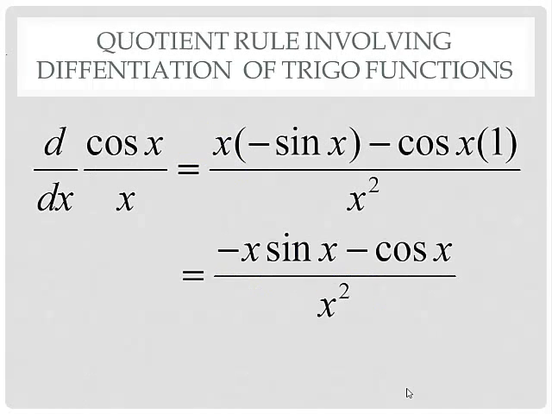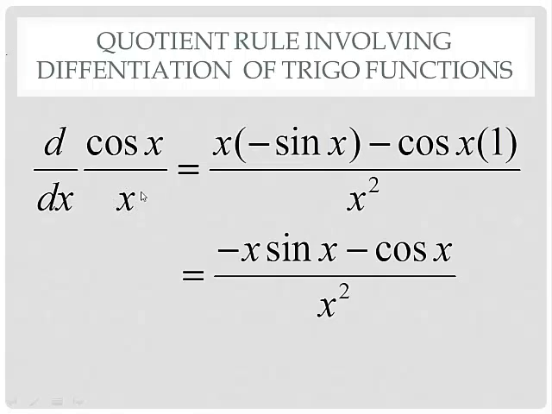Okay, the last example will involve the quotient rule. If you're asked to differentiate cos x over x, since it's a fraction, we'll use the quotient rule.